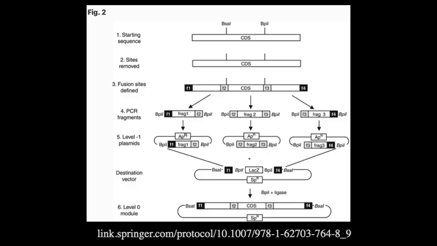Figure 2 is showing almost the same thing, but in this starting sequence, there are 2 type 2S restriction sites, BpiI and BsaI, and those sites are then mutated with two nucleotide substitutions. F2 and F3 are shown in gray, and they are fusion sites.